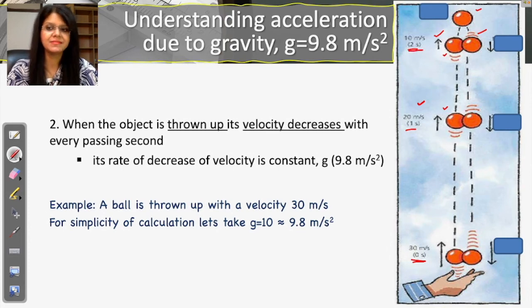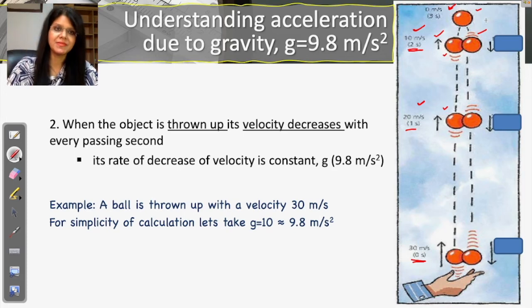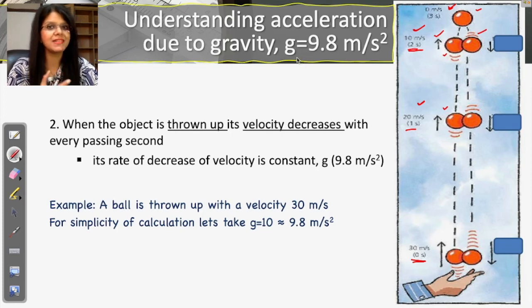Third second, what is the velocity at the topmost position? 0. 10 minus 10, it decreased by 10 again, 0. It takes a turn and comes back. Now what is the rate of increase of velocity? It is also the same constant G, 9.8 or 10.